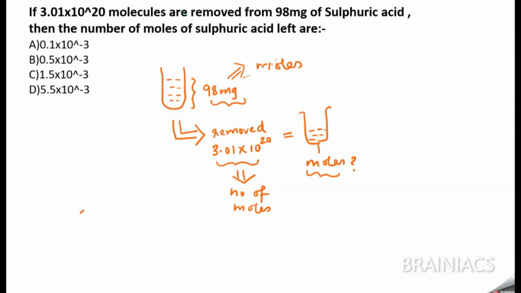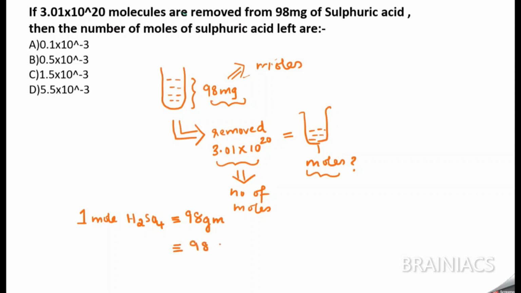Okay, so now tell me, 98 milligram of sulfuric acid is equivalent to how many moles? I know that 1 mole of H2SO4, that is sulfuric acid, has a mass equal to the molecular mass expressed in grams, that is 98 gram, correct? So 98 gram is 1 mole, but what is given to you is 98 milligram. So how can you convert 98 gram to 98 milligram?